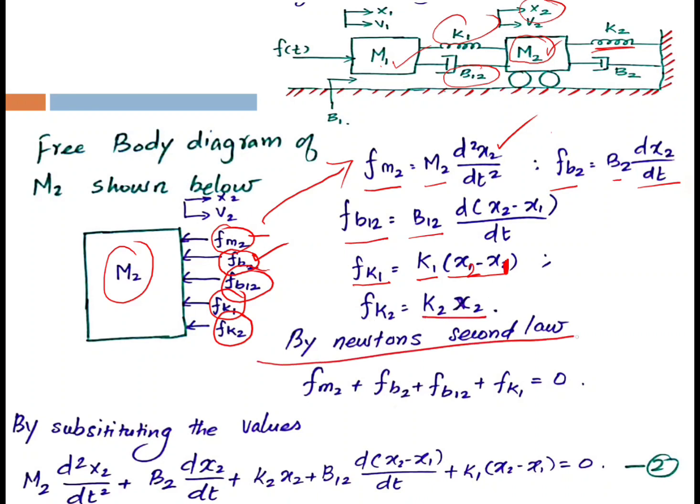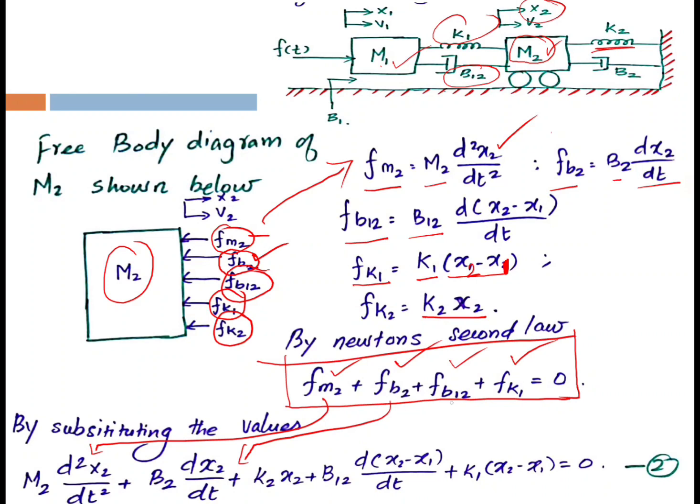By Newton's second law, the sum of forces acting on the node is equal to 0. All are opposing forces. So Fm2, Fb2, Fb12, Fk1 and Fk2 sum to 0. Now we have to substitute the equations related to all these opposing forces. Fm2 is m2 into d square x2 by dt square. Fb2 is b2 into dx2 by dt.